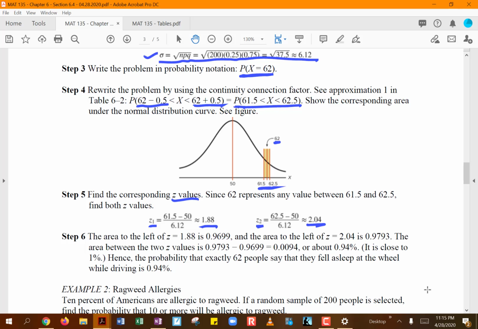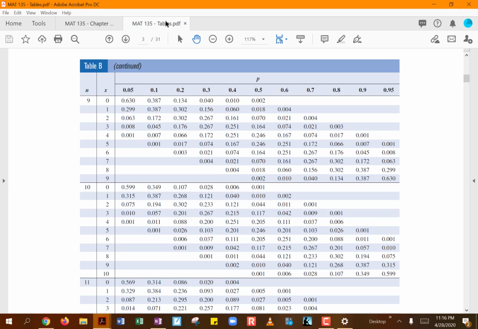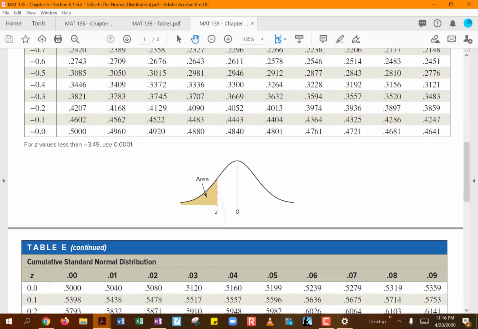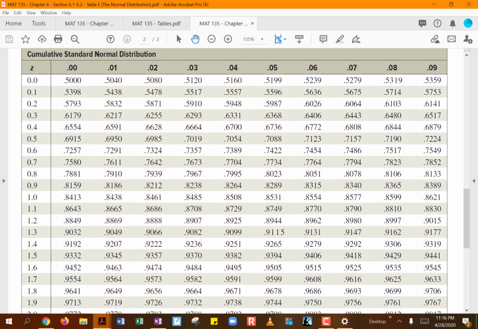And now we need to see what those probabilities are going to be. So again, you can just go to your table. Okay, so let's check for 1.88. So 1.8, and we are going to 88.